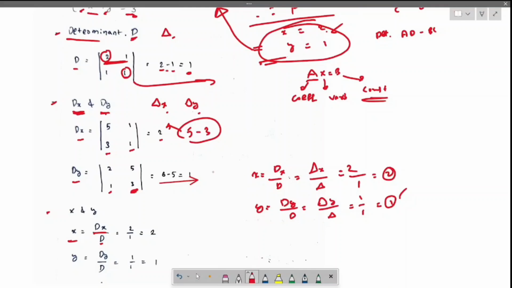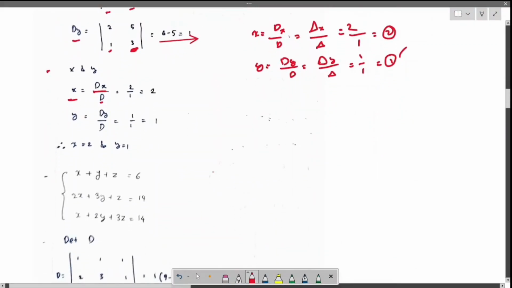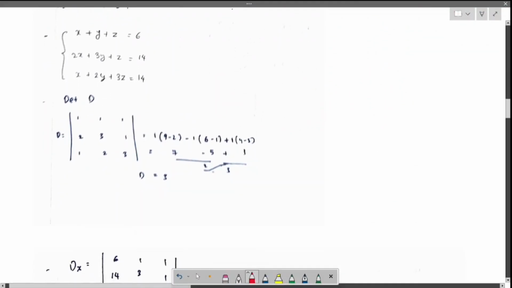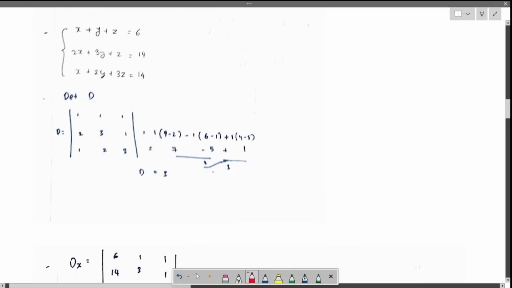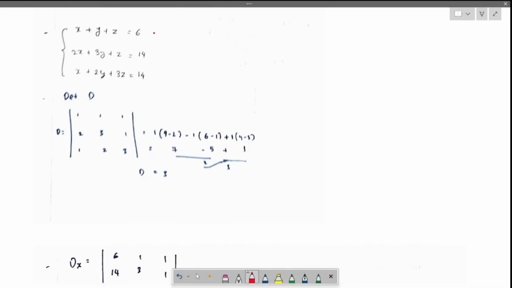These are the simple things. Now let us move on to a somewhat more complicated problem. Let us take a 3 by 3 matrix question. Our question is like this. Let us find the determinant D. D equals, write all the coefficients. Here you need to do a few things.